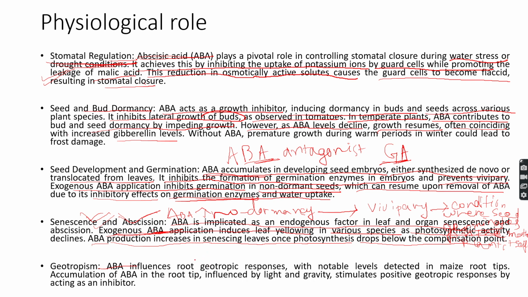That means ABA influences root geotropic responses, and the root is elongated towards gravity. Positively geotropic movement of the root can be seen because of the influence of ABA. Okay, so this is the physiological role.